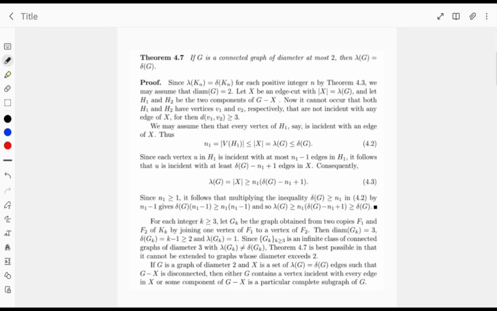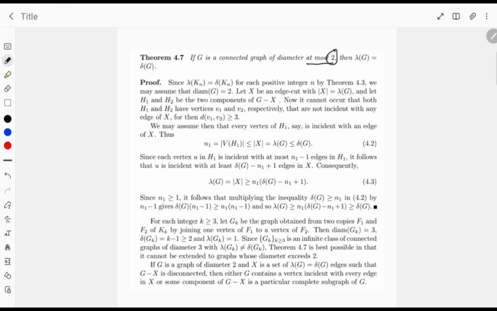For theorem 4.7, if G is a connected graph of diameter at most 2, then lambda of G is equal to delta of G. So here we have the edge connectivity and minimum degree. At most means not more than 2, so the maximum diameter of this graph is 2.